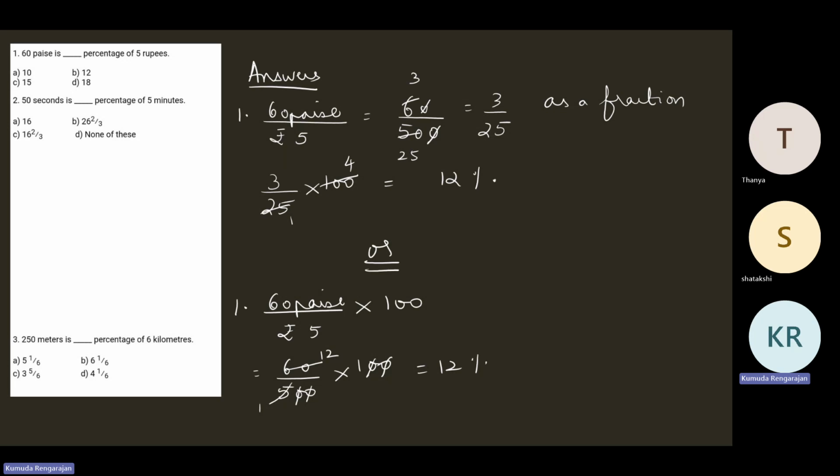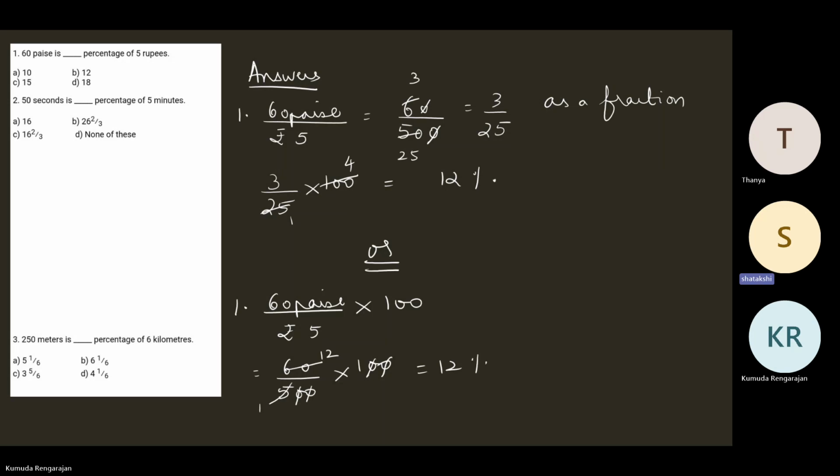The fraction is 3 by 25 and the corresponding percentage is 3 by 25 into 100, which is 12%. So you can find the fraction and then multiply the fraction by 100 to find the percentage, or you can directly find the percentage like this. Write the fraction 60 paise by 5 rupees, and multiply by 100 because you want to find the percentage. So this is the answer for the first one.